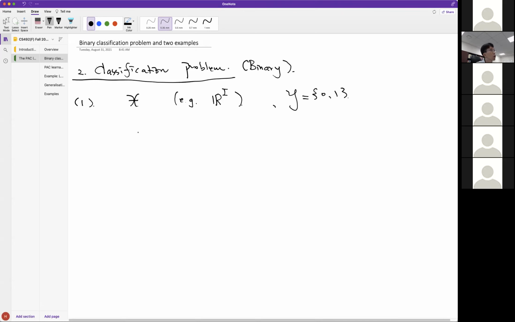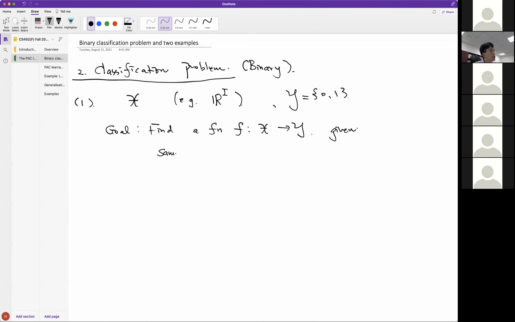Okay. And then the goal of an algorithm that solves this classification problem is to find a function that goes from this input to the output. But if we are not given anything, we cannot find any kind of reasonable function. So we are given a sample, and the output for the sample.